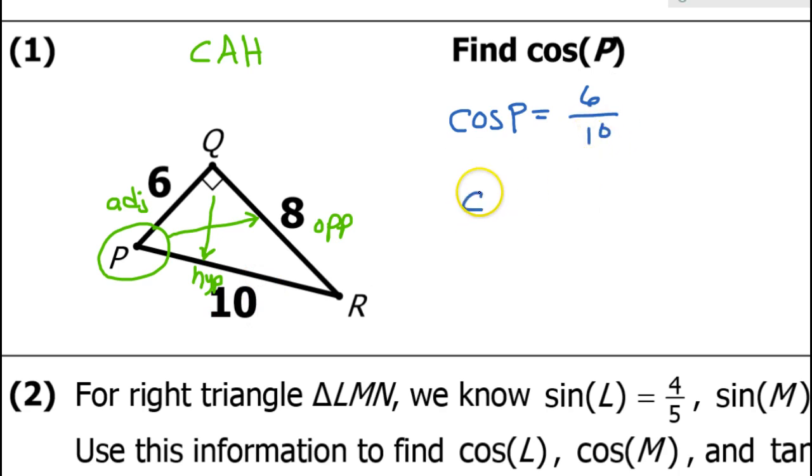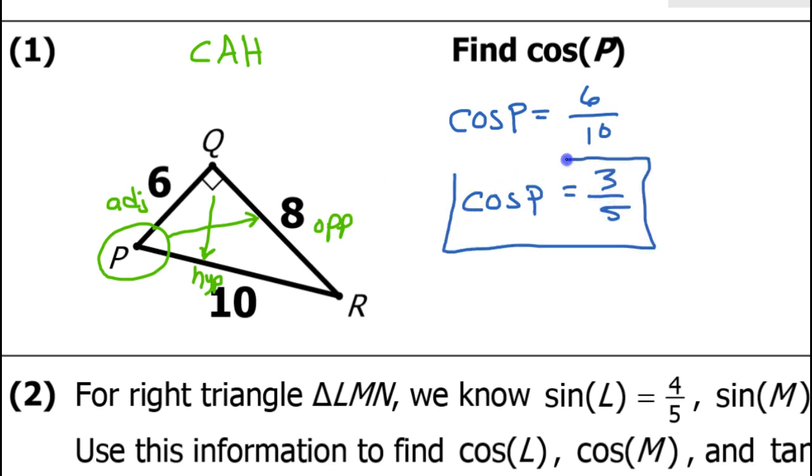Now we should reduce this. Okay, cosine of angle P is 3 over 5. And that's it. That is the answer if all I'm asking you to find is the cosine of angle P.